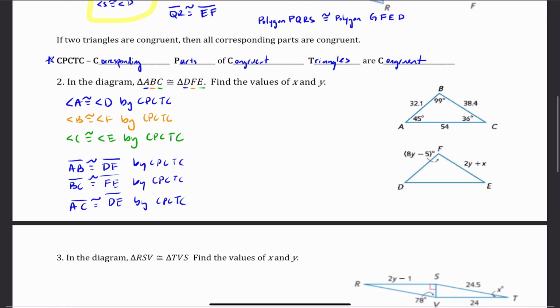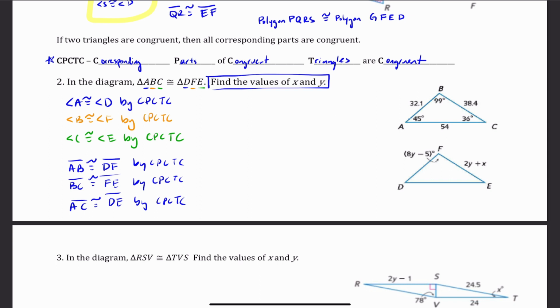All right, so now what I want to go ahead and do is find the values of X and Y. Okay, so here is my Y, and here is my Y and an X.